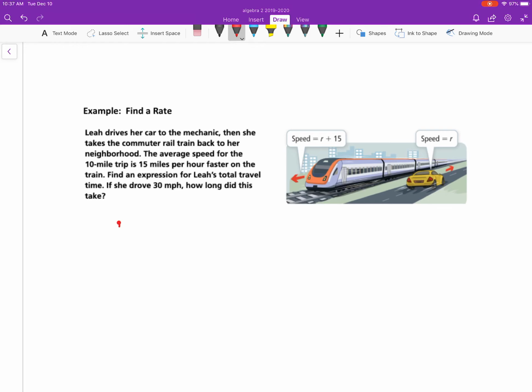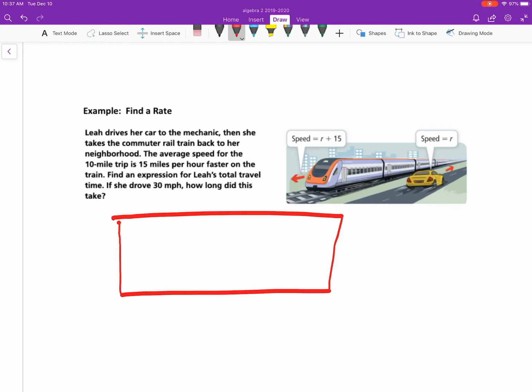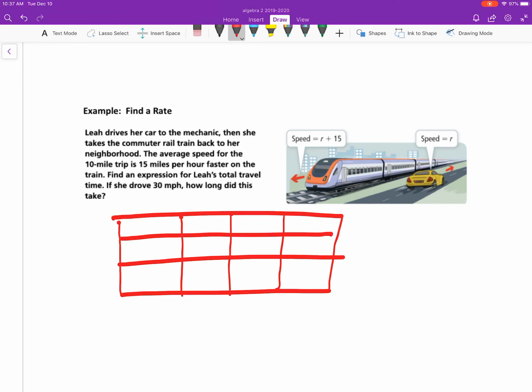So if we were to set up a table for this sort of problem, distance equals rate times time. You've probably seen these before in physics. Distance, rate, time. So we're going to do this: distance, rate, and time.